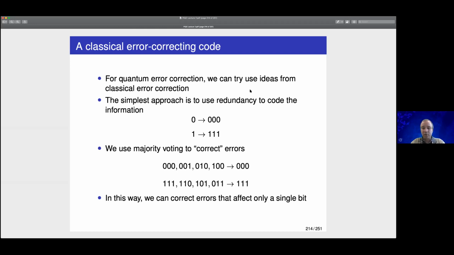So you want to be sure that after some time, when you try to recover this information, or in a classical information channel, the other person that is receiving the information receives the correct bit that you want to send.